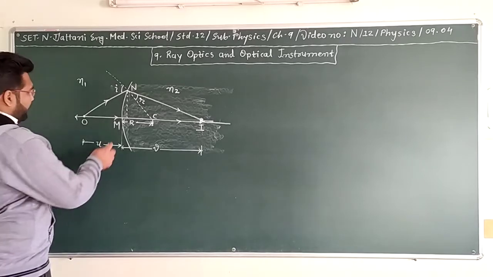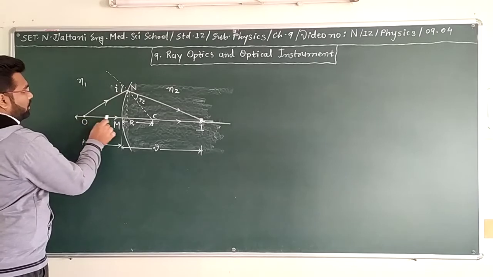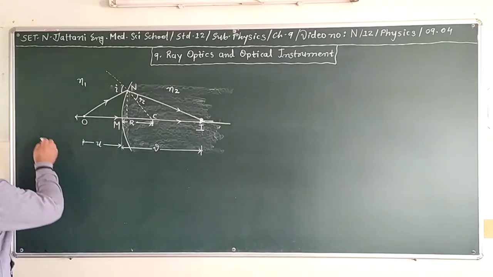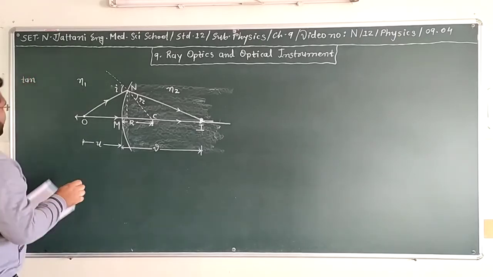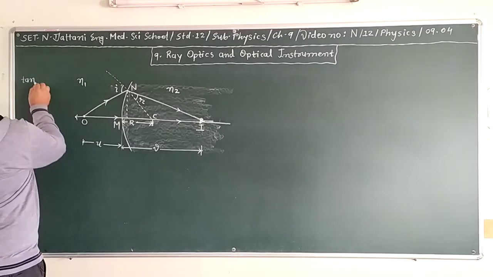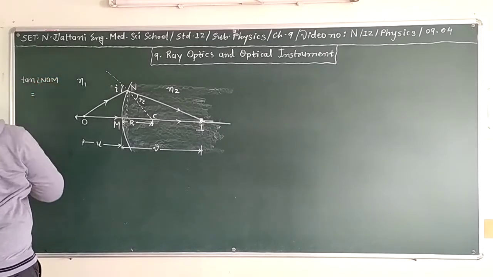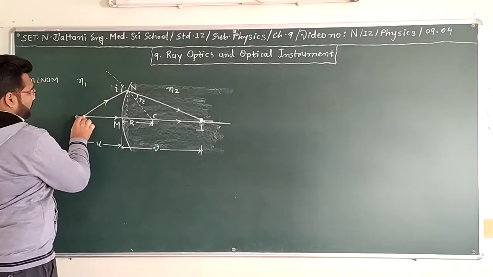Here we can see in the figure the triangle NOM, which is a right angle triangle. So we can write tan of angle NOM.